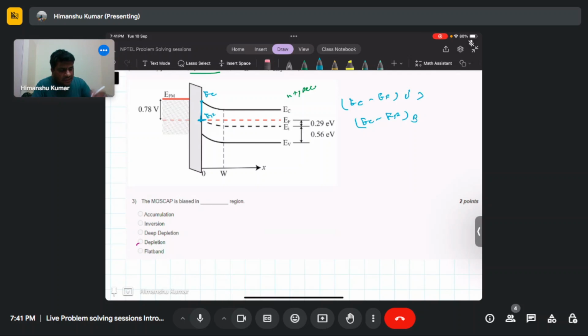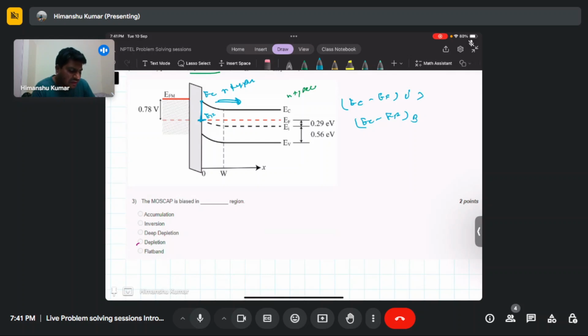So basically, at the interface, this is becoming less N type. This means that the electrons will be pulled out of the interface region. So we can say the substrate near the interface is getting depleted.